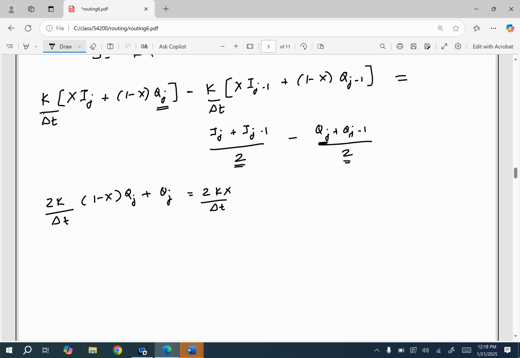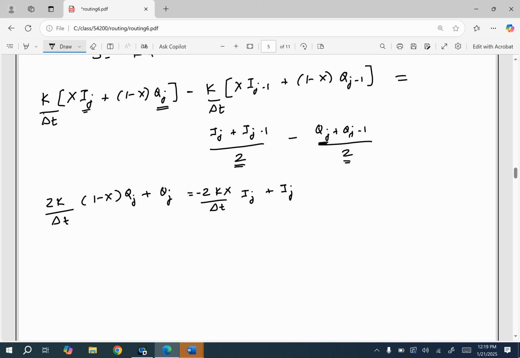So this is positive here, so on the right hand side that will become negative. So this is minus 2kx over delta t times Ij, and then I have Ij here. So this will be Ij.